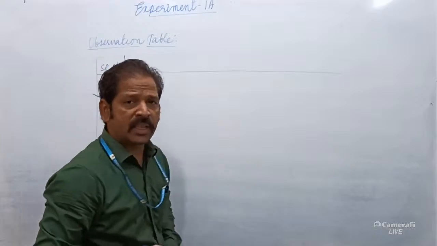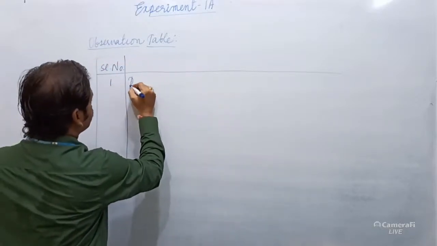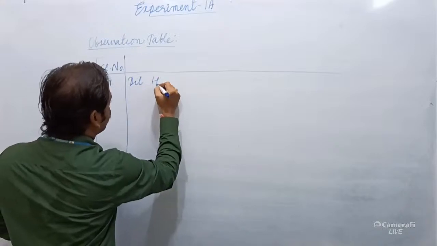We have 6 chemicals. The first chemical is dilute HCl.